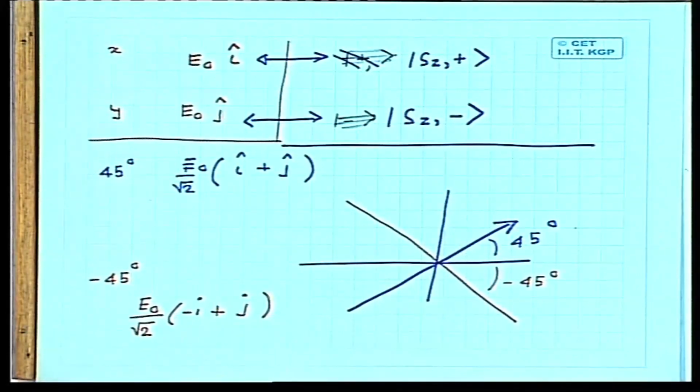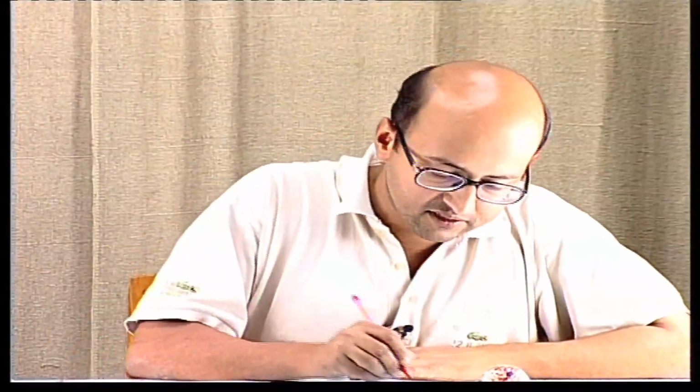Now in analogy, we can also write down two spin states for the electron which are analogous to this. So let me also write that down. So that is Sx, the situation where Sx has got spin plus.